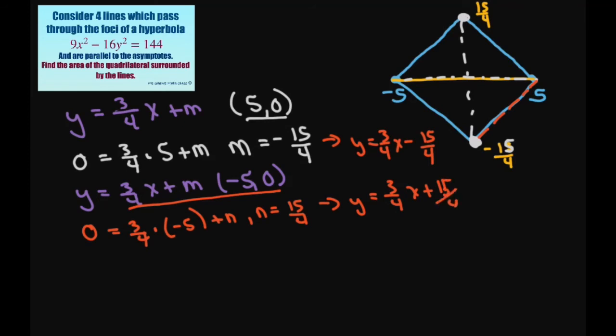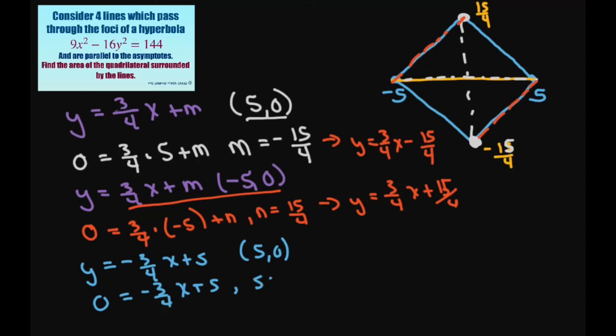So that one's going to be this one. Now let's do y equals negative 3/4 x plus some s at (5, 0). That's going to give you 0 equals negative 3/4 times 5 plus s.